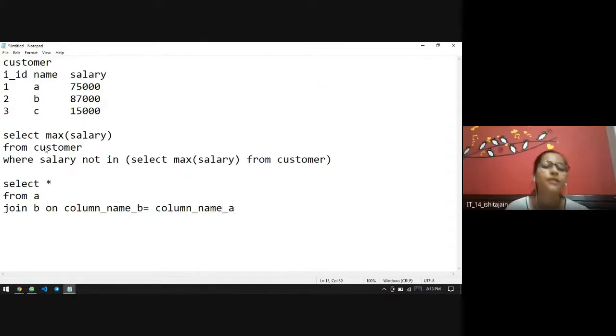Yes, sir, this is the way for the inner join. Here I have joined A and B, and A will be considered as the left table and B will be considered the right table. In this case, the primary key of A and the foreign key of B will be in this section. Column name B will be the foreign key of B, and column name A will be the primary key we have in A.